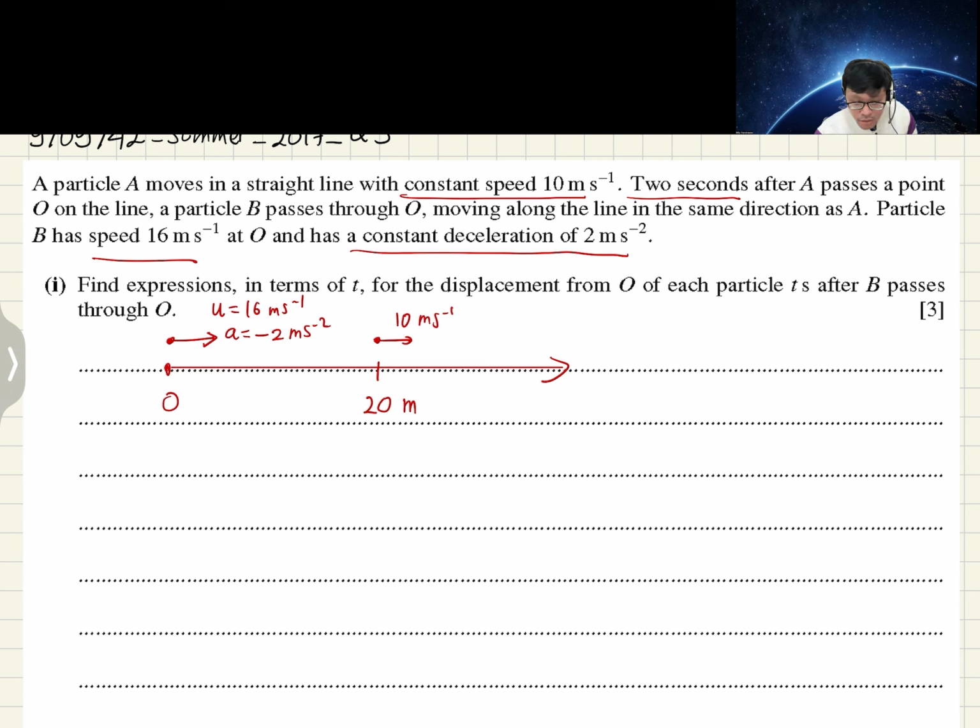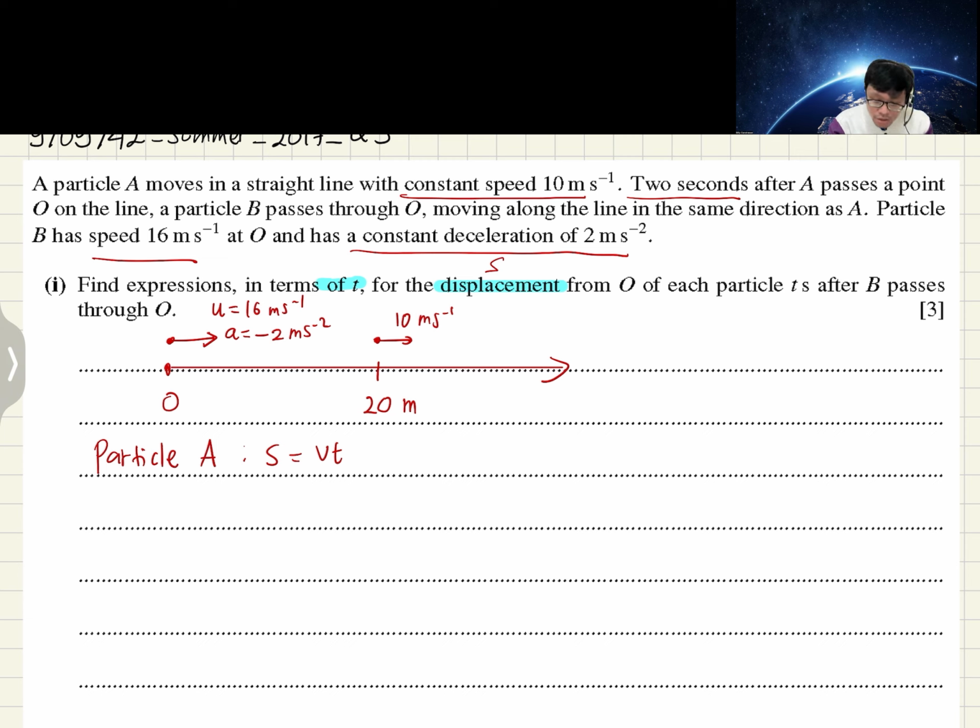Now, what can we find here? We want to find a displacement, which is S, in terms of t. For particle A, it does not have acceleration, so there's only one formula, which is S equals V times t.